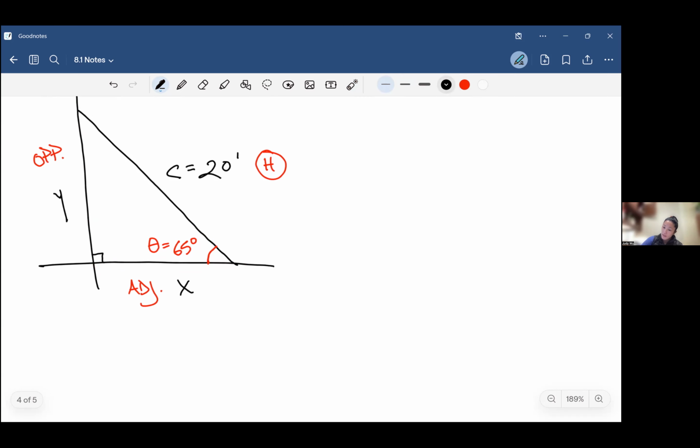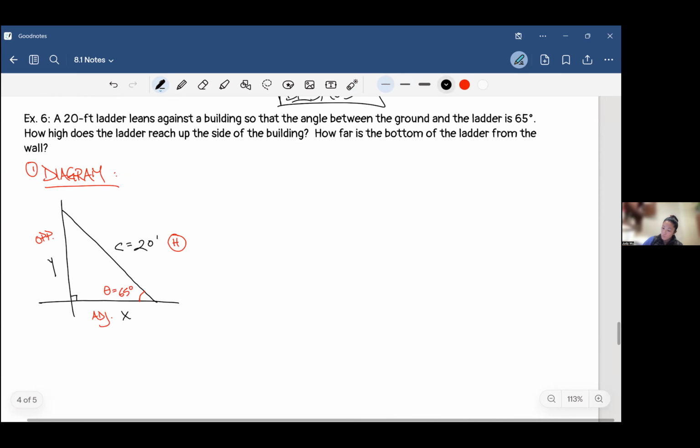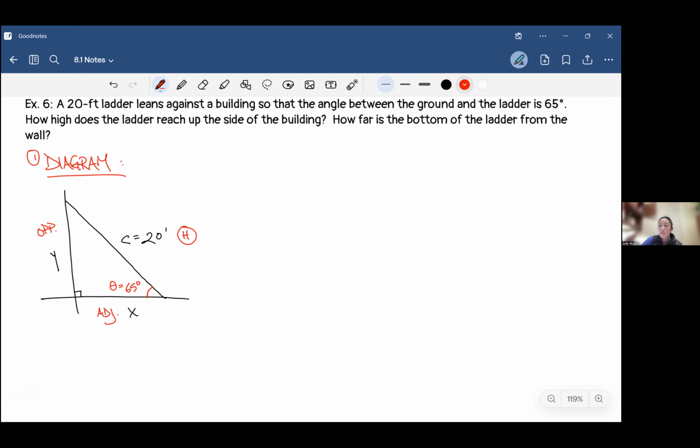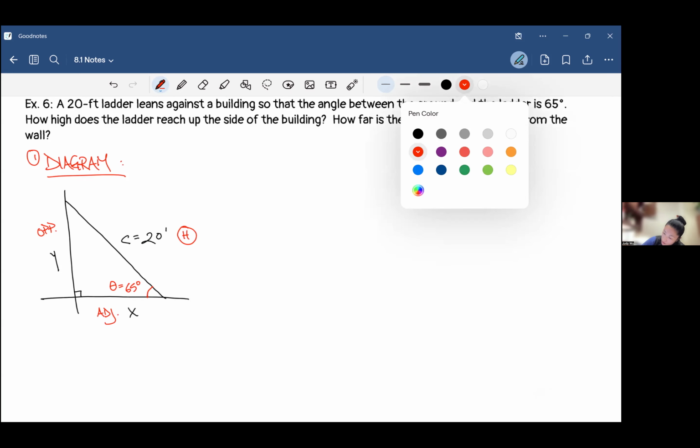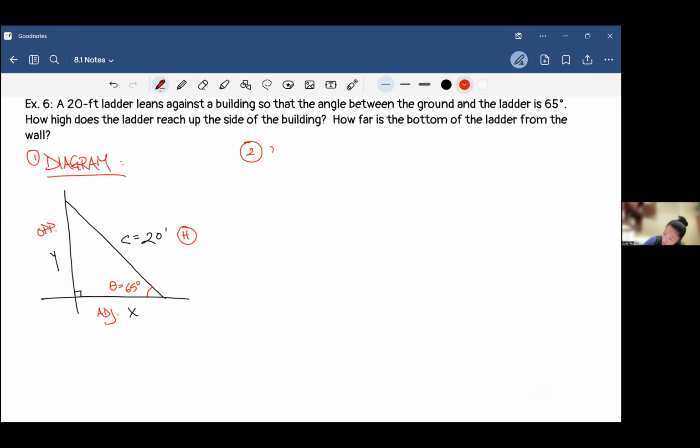Okay? All right, so we've got a diagram. It's important to draw it, but it's also important to label all the different things that are on there. Okay, so you notice, I have the adjacent, the opposite, the angles there, any measurements they've given me are part of it.